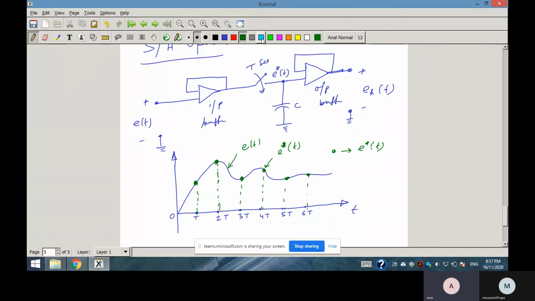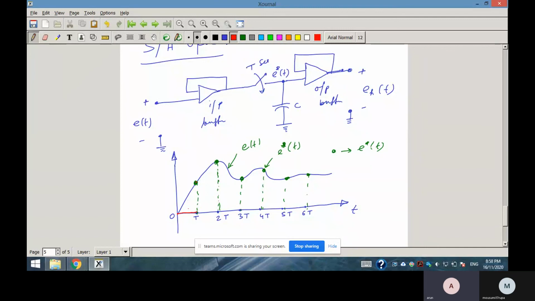So what will be your voltage? Suppose 0 to T, here the initial value is 0, so it will remain 0.